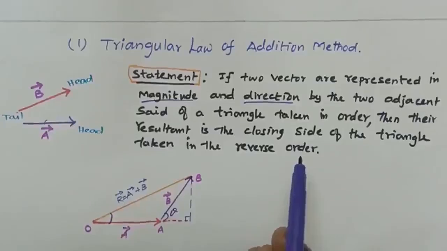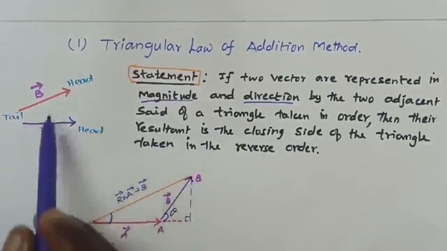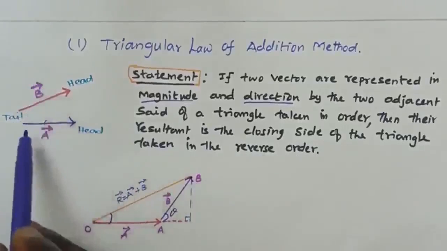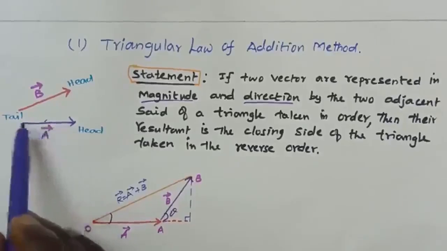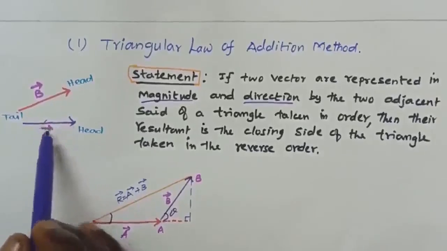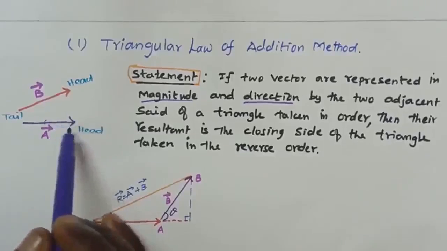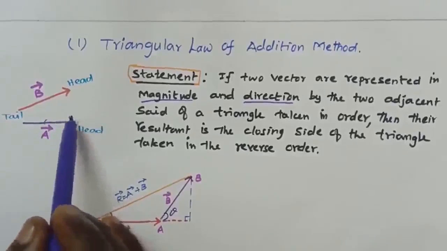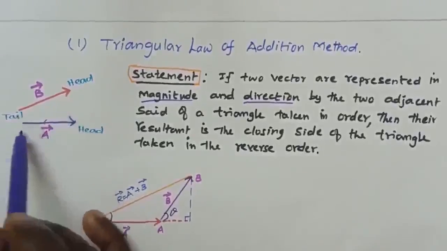So students, let us consider two vectors, A vector and B vector. This is a vector, both magnitude and direction. Length of the line we represent as magnitude, arrow is represented as direction. So this is the head of the A vector, this is the tail of the A vector.